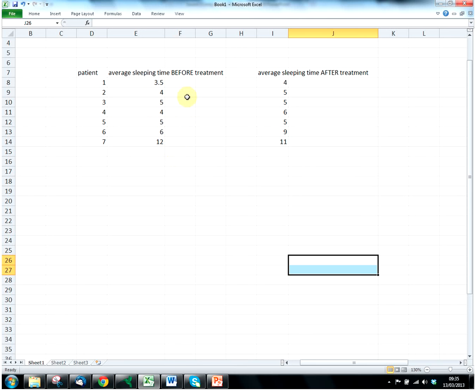This went on for a while, so we got some reliable averages in hours, and then these patients received what is claimed to be a new drug that helps them to sleep better, and again over a period of time the averages were calculated, this time after the patients had been treated with this new drug. So what we realize is that we have a before and an after treatment.